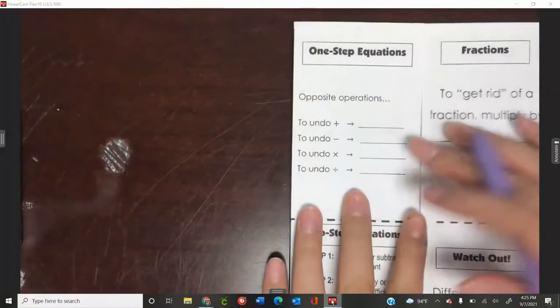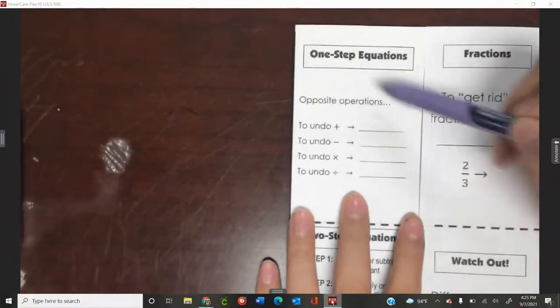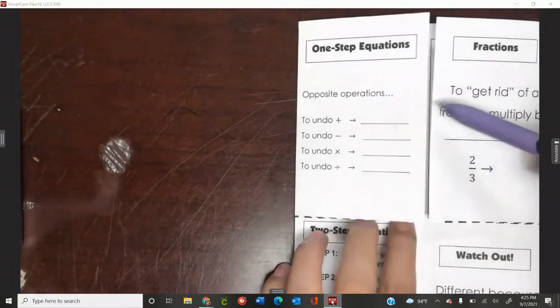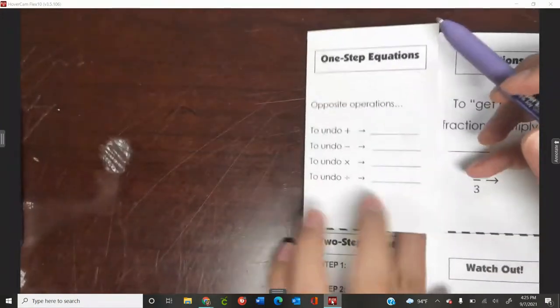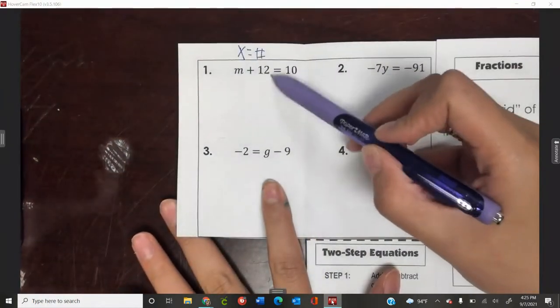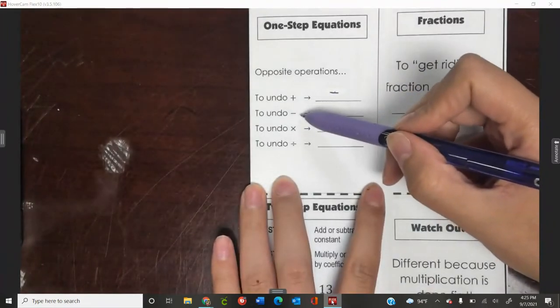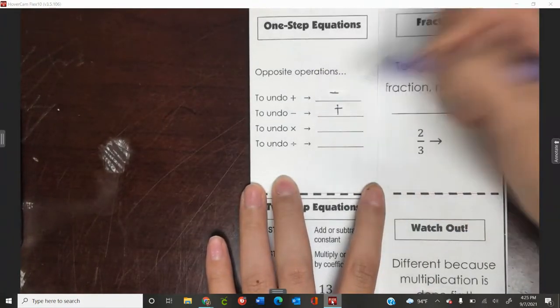So before we get into that though, for solving one-step equations, it's very important that you understand how to undo an operation. So if you want to undo addition, for instance, if you wanted to undo adding 12, you would subtract. If you wanted to undo subtraction, the opposite would be to add.